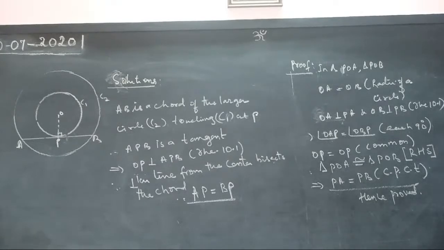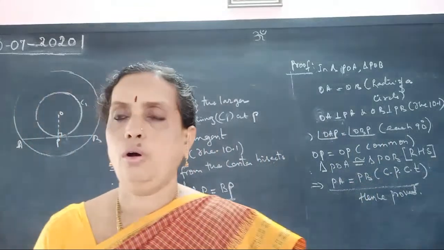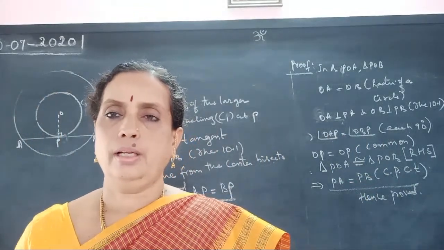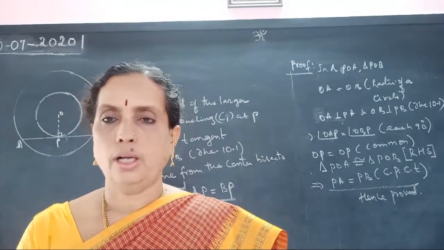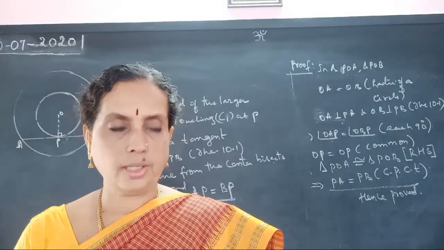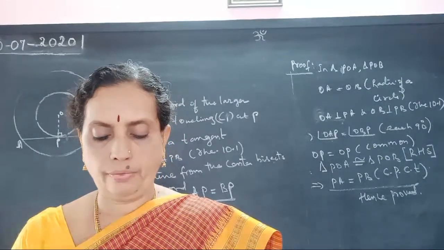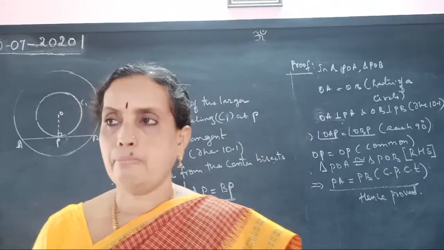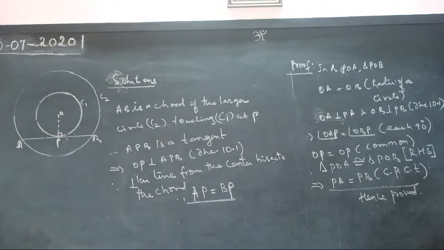It is a textbook question, question number 4. Prove that the tangents drawn at the ends of a diameter of a circle are parallel.